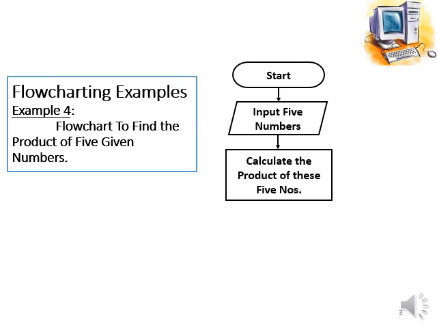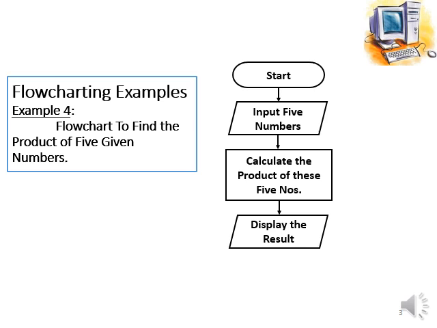It is performed by the ALU component of the CPU, the arithmetic logic unit. You already know this. So it's a processing operation, and in a flowchart the processing operation is represented by the rectangle symbol. So we have to put this sentence, calculate the product of these 5 numbers, inside the rectangle to represent that it's a processing operation. And now once we have found the product, that value is a result or an output.